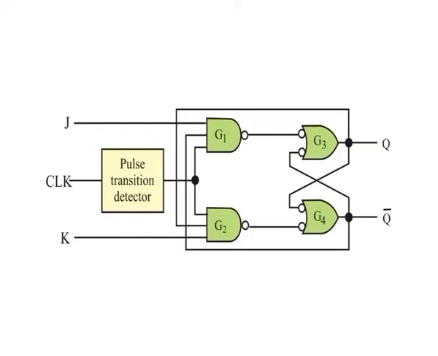The two control inputs are labeled J and K in honor of Jack Kilby, who invented the integrated circuit. A JK flip flop can also be of the negative edge triggered type, in which case the clock input is inverted.